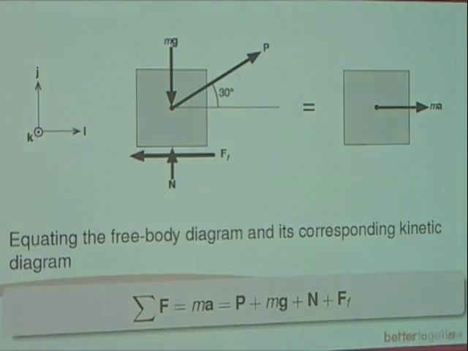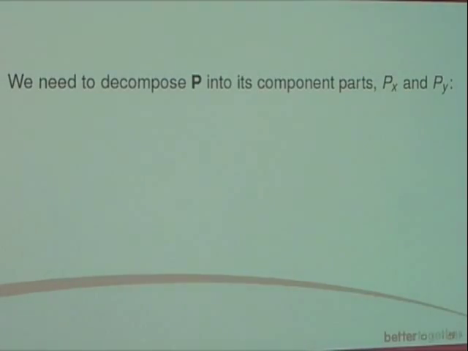So what we need to do before we can do anything else is decompose P into a component that runs along the i-axis and a component that runs along the j-axis, a horizontal and vertical component for P, okay? Because these equations, as I said, we can decompose them into x and y directions. But before we can apply that, we need to work out what those components are of any force that's being applied that isn't along those axes, okay? In this case, the only force that's being applied is P, and we need to decompose P. So that's what we do next.